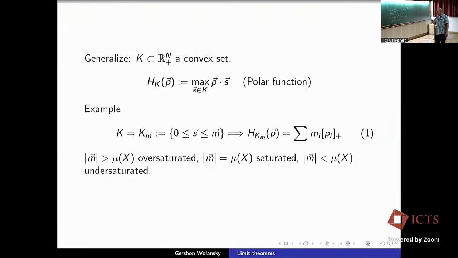So we now define the polar function of K. This is, let me write it here, just because we may need it later.